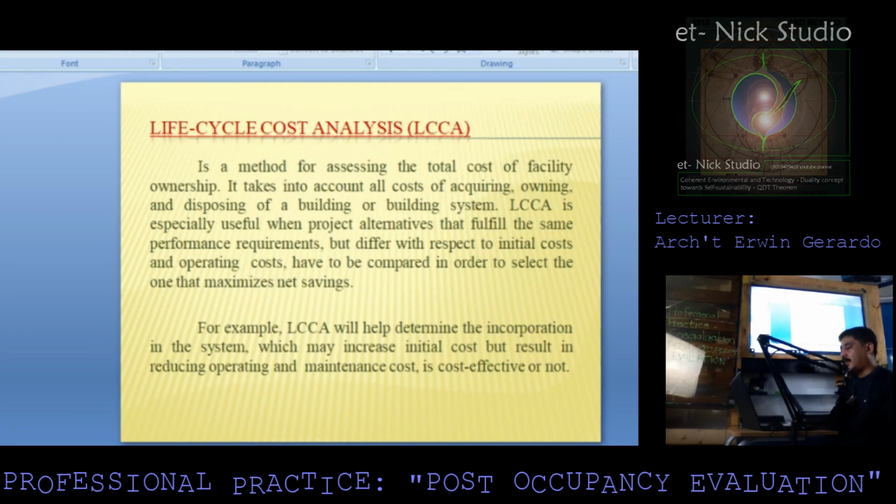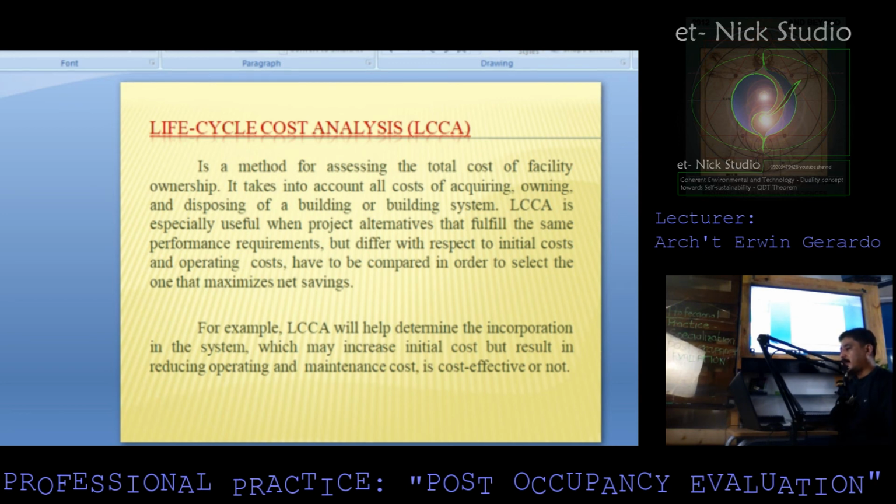Life cycle cost analysis is also another method for assessing the total cost of facility ownership. It takes into account all costs of acquiring, owning, and disposing of a building or building system.